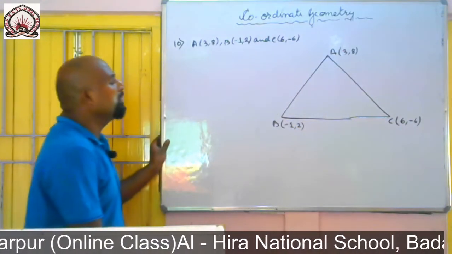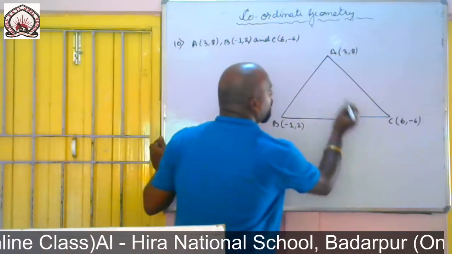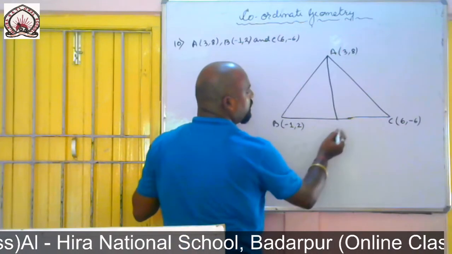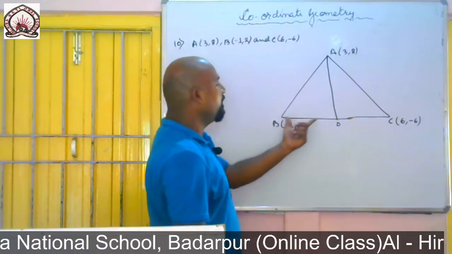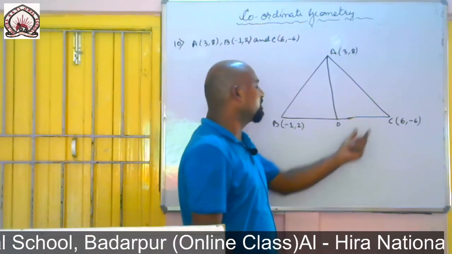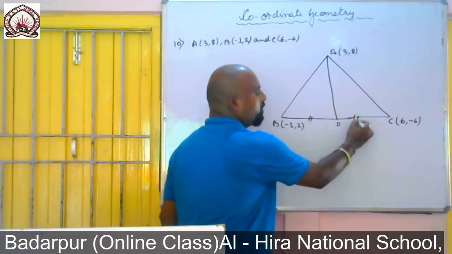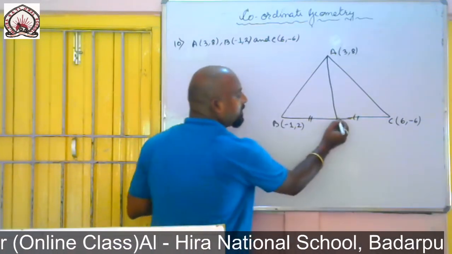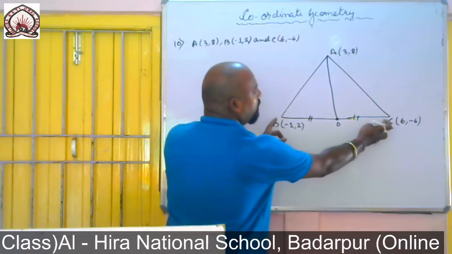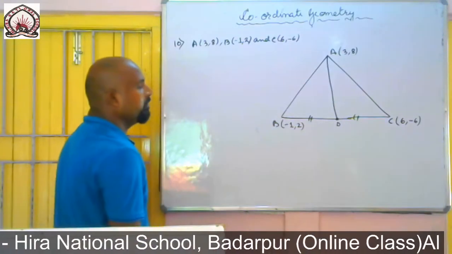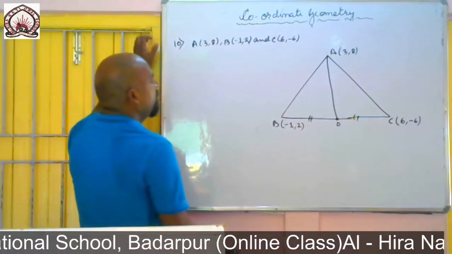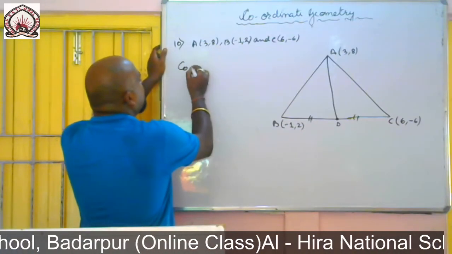Now what is the median? If I draw a line in such a way that it divides the base into two equal parts, this part will be equal to this part, so we can say D is the midpoint of BC.